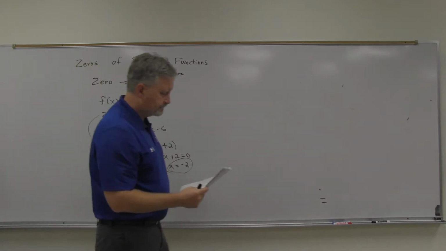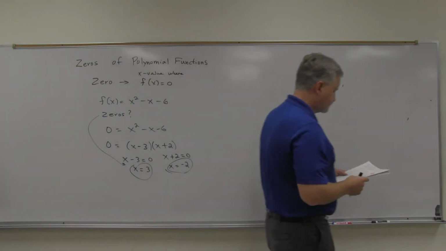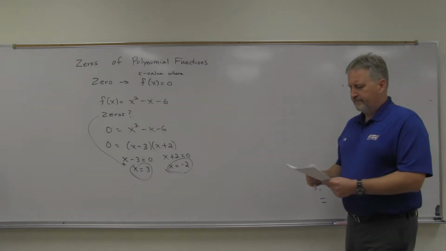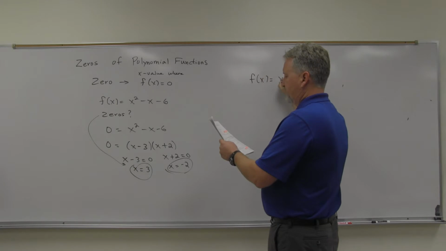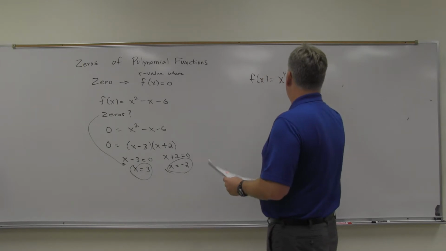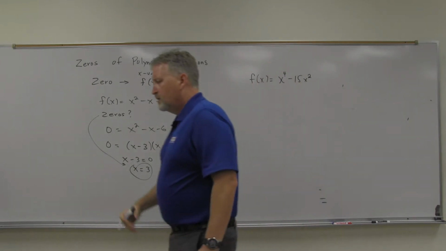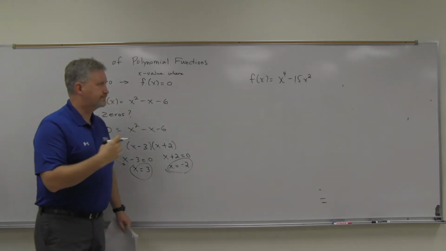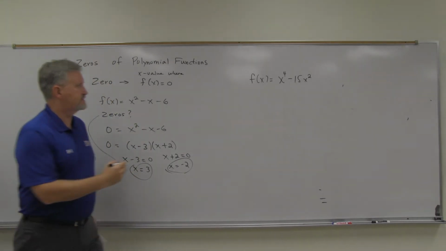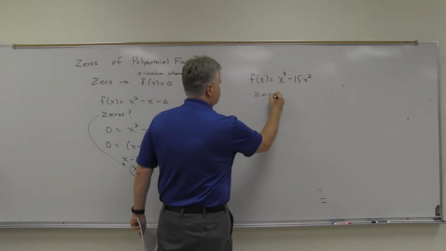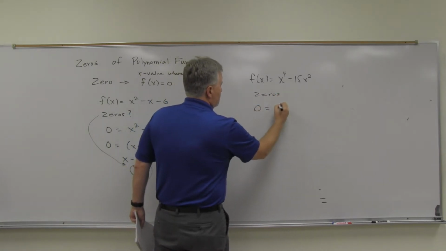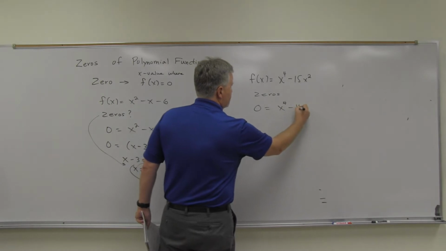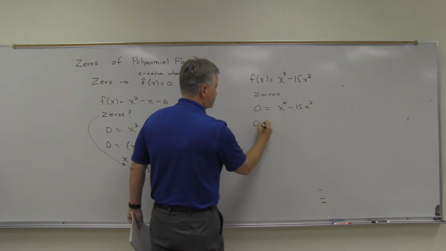All right. Now, if I have f of x equals x to the fourth minus 15x squared, again we talk about the zeros. Set f of x equal to 0, solve the equation.